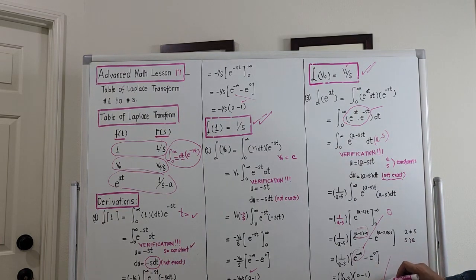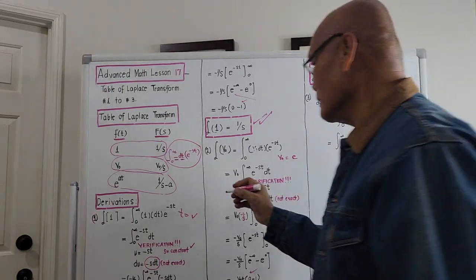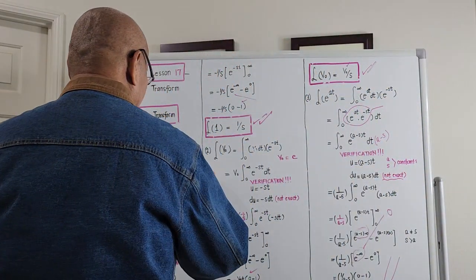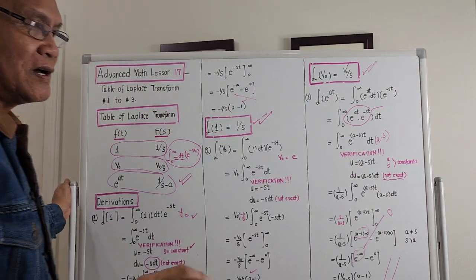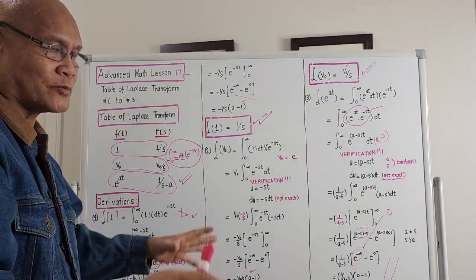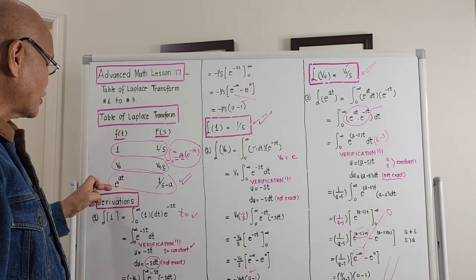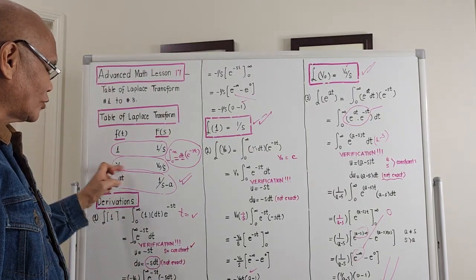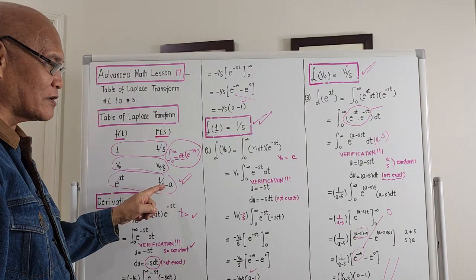And this formula here is this relation here. That is the third transformation formula for Laplace transform. That is, the Laplace transform of e raised to at should be the ratio 1 over s minus a.